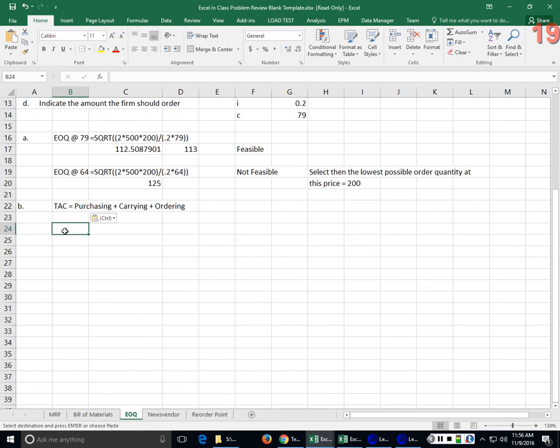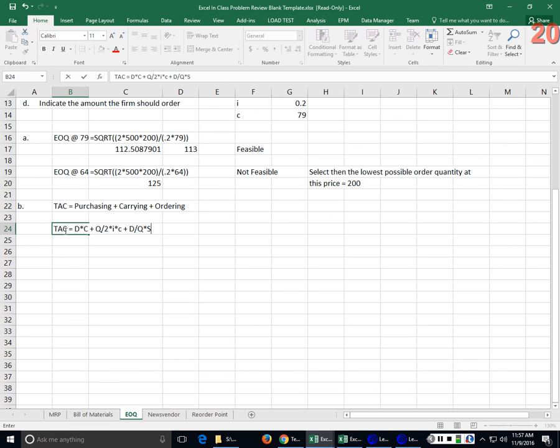And if I'm going to redefine that in terms of variables, purchasing is annual demand times cost, plus carrying costs, which are my average inventory of Q divided by 2 times my holding costs, but in this case our holding costs are broken into interest rate times cost, right? Plus our ordering cost, which is how many times you reorder, annual demand divided by Q, times our setup costs or our ordering costs.